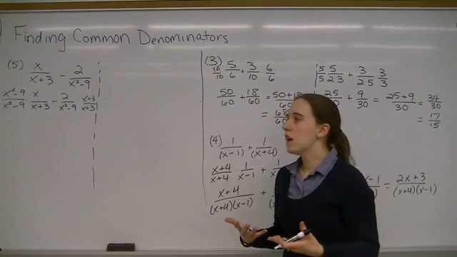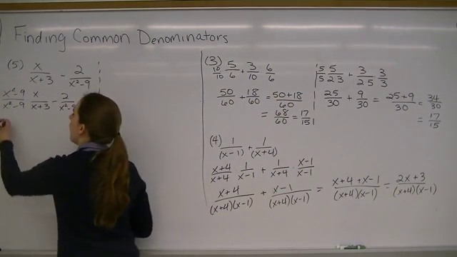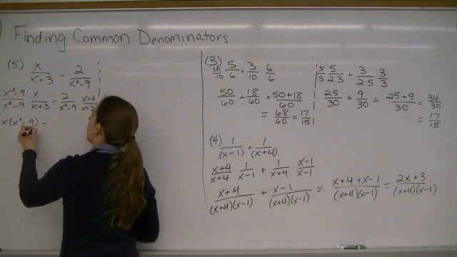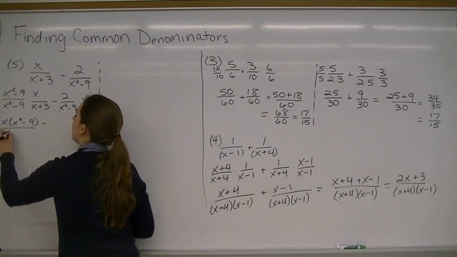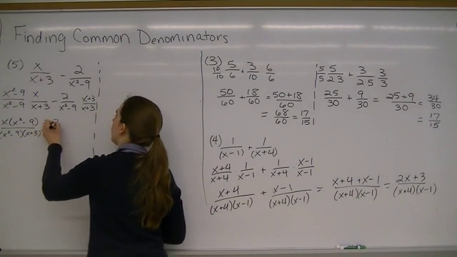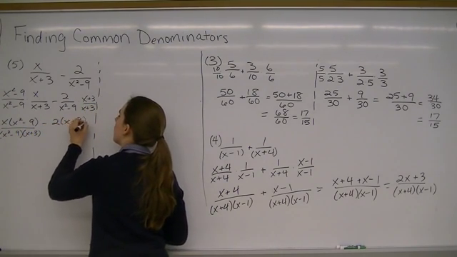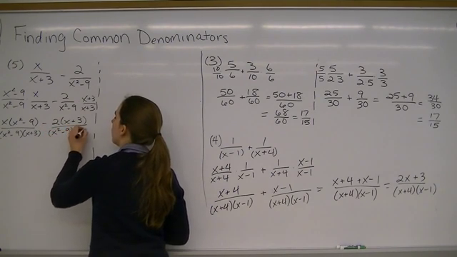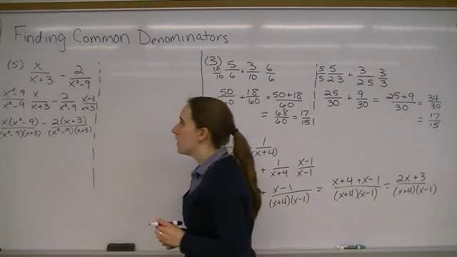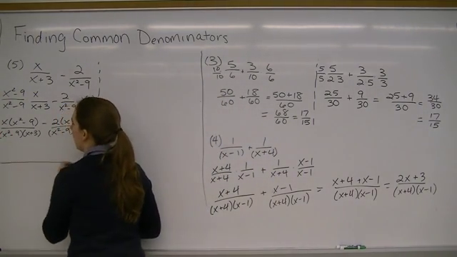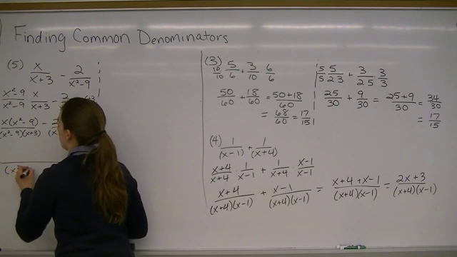So now I'm going to have a lot of simplifying to do. So I have x times x squared minus 9 over the common denominator minus 2 times x plus 3 over the common denominator. So now I can distribute, and it's all going to end up going over the common denominator.